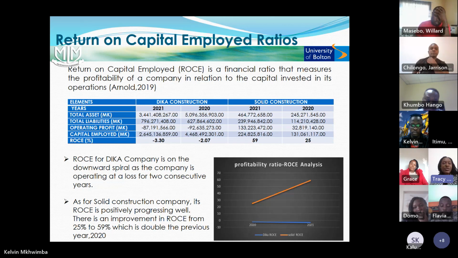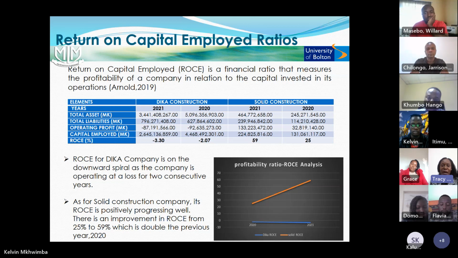Going further to the return on capital employed ratio. This ratio measures the profitability of a company in relation to the capital that has been invested in its operations, according to Arnold. Of key interest, you might note that there was a great improvement for Solid Construction Company, as the ROS improved from 25% to 59%.